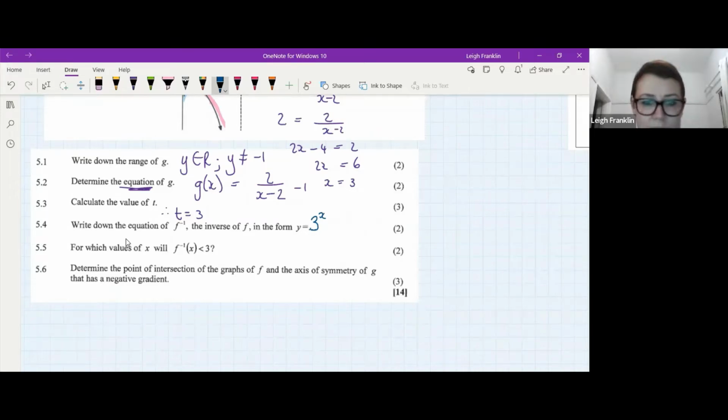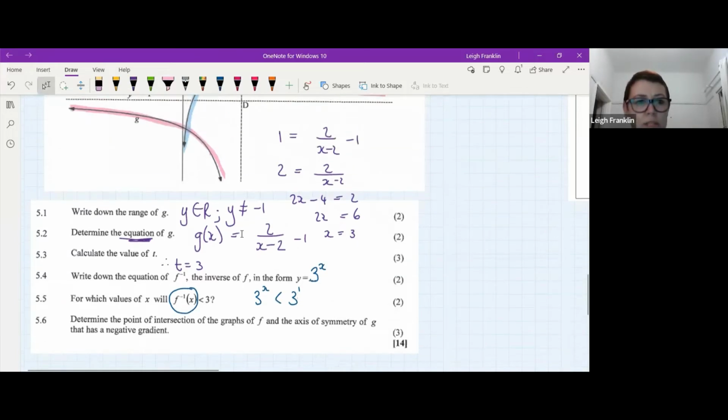Okay, I'm going to try and squeeze this in before we go so that we finish on time. For which values of x will the inverse be smaller than 3? Okay, so in other words, this over here, that is 3 to the x, isn't it? So for which values of x is this graph going to be smaller than 3?